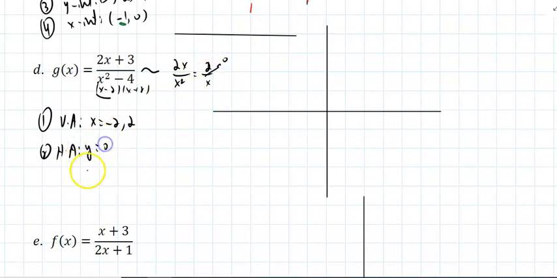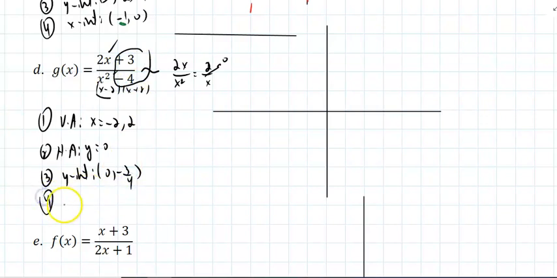That's my horizontal asymptote. 3. Y-intercept. If I replace x by 0, that's gone and that's gone, I'm left with -3 over 4. And 4, x-intercept, a fraction equals 0 if the top equals 0. Where does 2x plus 3 equal 0? When x is -3/2.